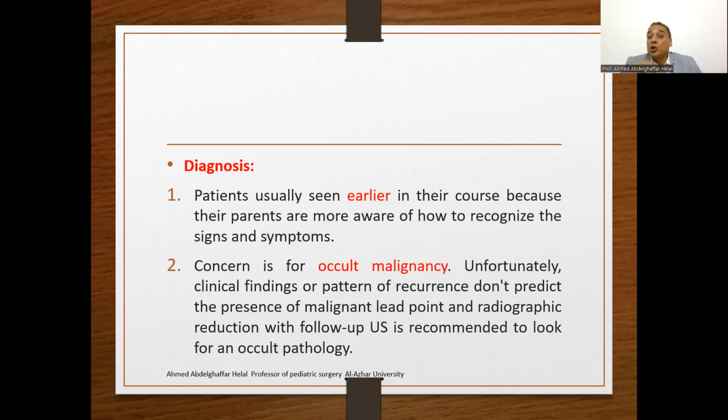Diagnosis is usually made earlier in the course of the disease because the patient becomes more familiar with the symptoms and the presentation. The concern in such cases of recurrent intussusception is for occult malignancy. Unfortunately, clinical findings or pattern of recurrence don't predict the presence of a malignant lead point, and radiological reduction and follow-up ultrasound are recommended to look for occult pathology.